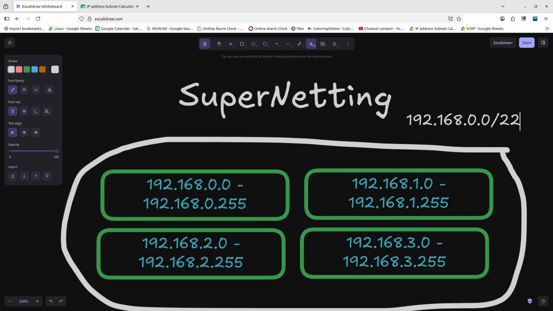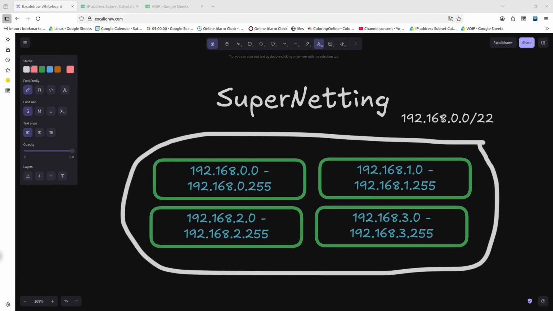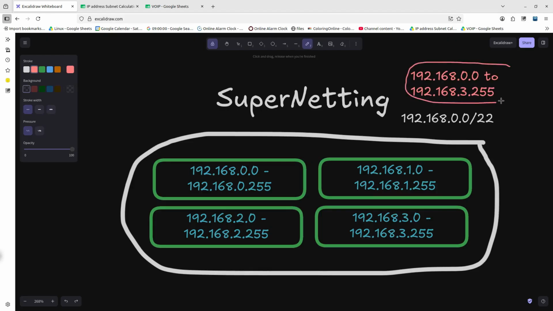And the range of this network would be 192.168.0.0 to 192.168.3.255. This would be the range.